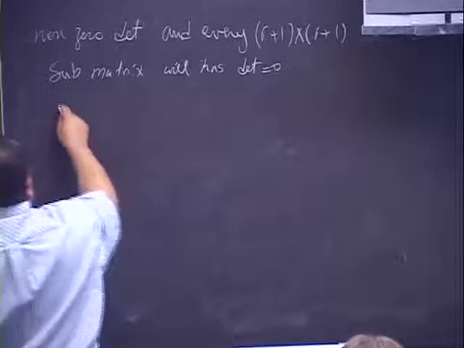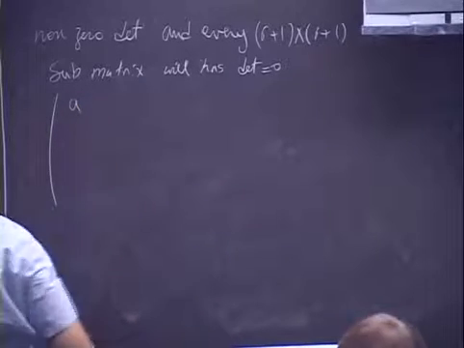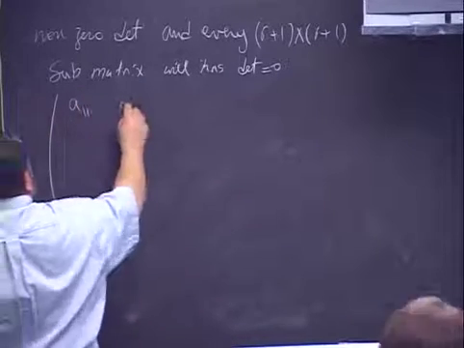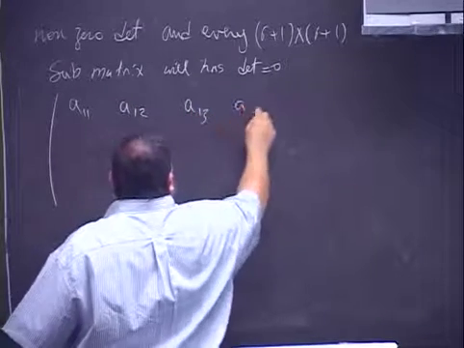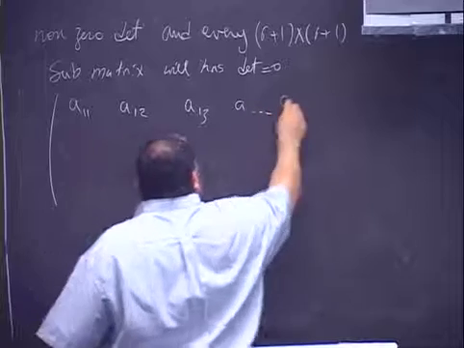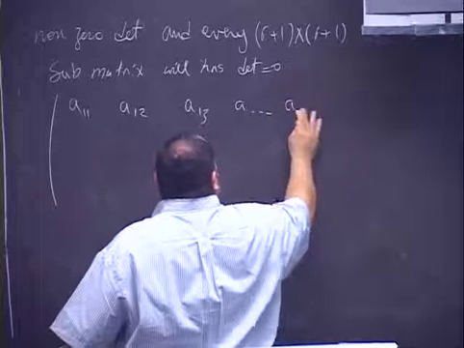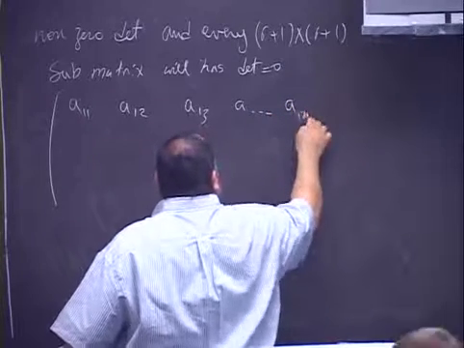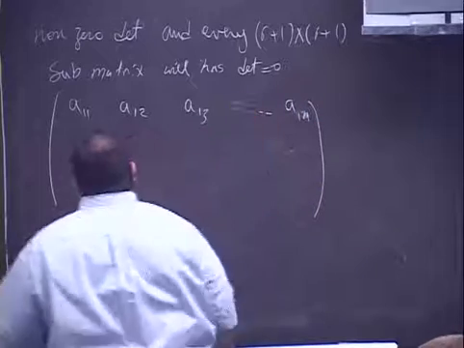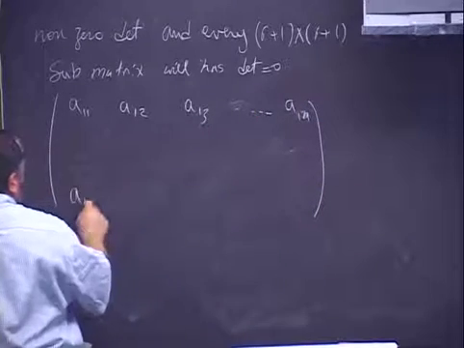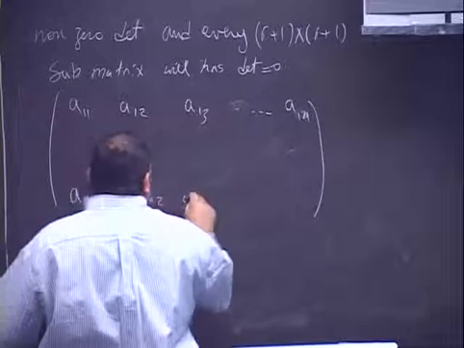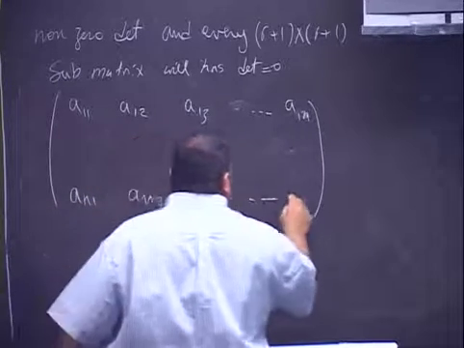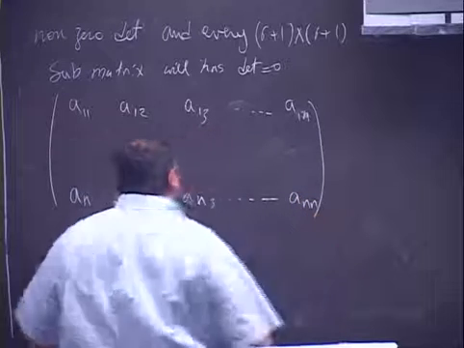So if you have something like, let's say, A11, A12, A13, up to A1n, down to AN1, AN2, AN3, ANN.